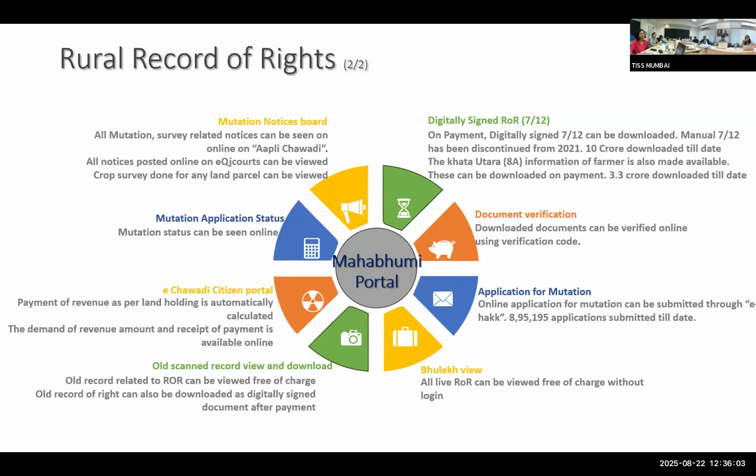Otherwise, the DPDP Act says if you are declaring any information of a person, then you should take consent of that person. But in our case, we are not declaring the information of the person anonymously, unless and until that person is known, and you also have the knowledge that he is holding land in a certain village. You cannot have all this information.